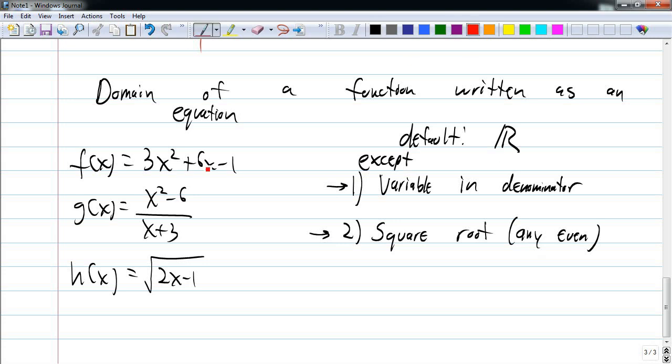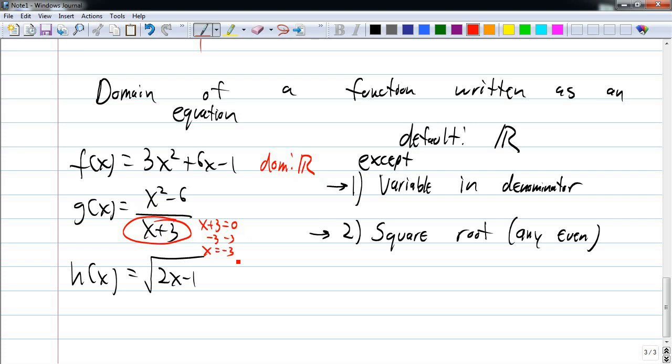So here, f of x, there are no fractions, no radicals. The domain is all reals because that's your default. That's what you start with. In g of x, I have a fraction. So look at the denominator, because this can never be 0. So what would x have to be for this thing to equal 0?